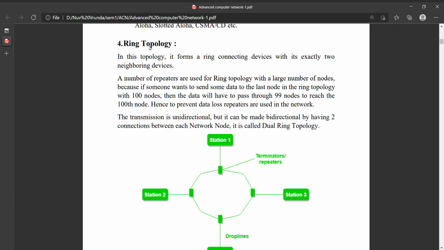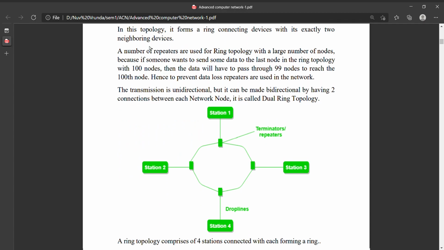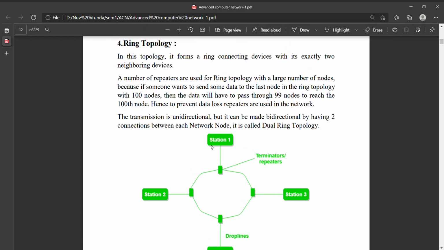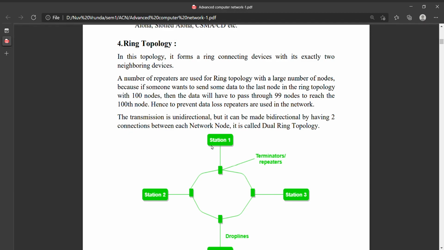Ring topology. As we know, according to the name, we have a ring here. A number of repeaters are used in a ring topology with a large number of nodes, because if someone wants to send data to the last node in a ring topology with 100 nodes, then the data will have to pass through 99 nodes to reach the 100th node.